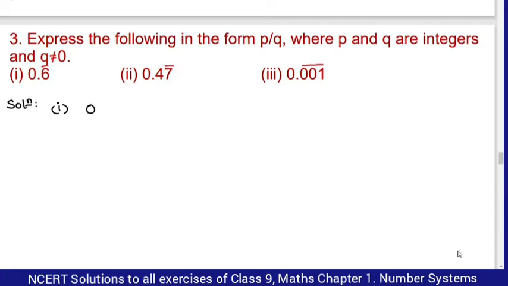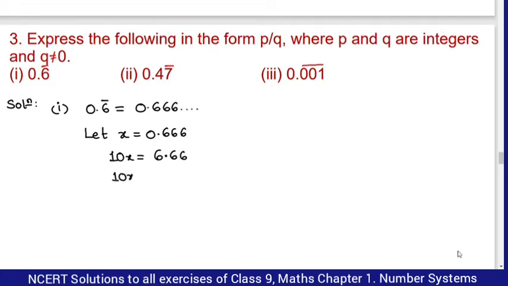It is given that 0.6 bar is equal to 0.6666. Let x be equal to 0.666, then 10x will be 6.66, or we can write 10x is equal to 6 plus 0.66.